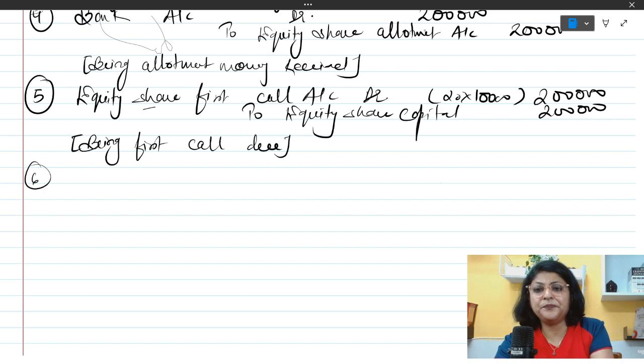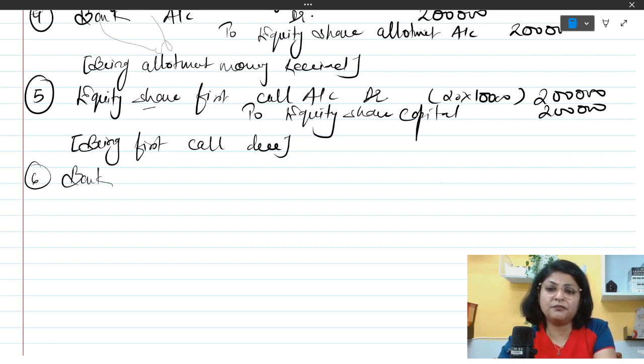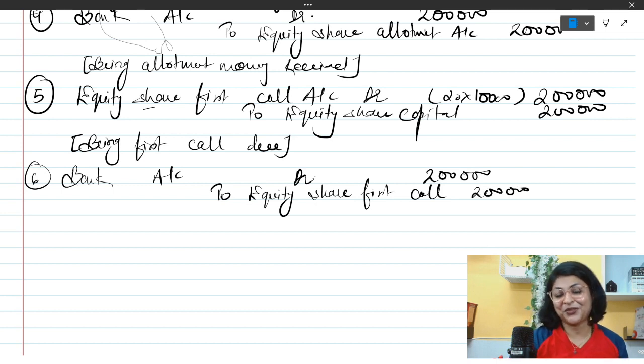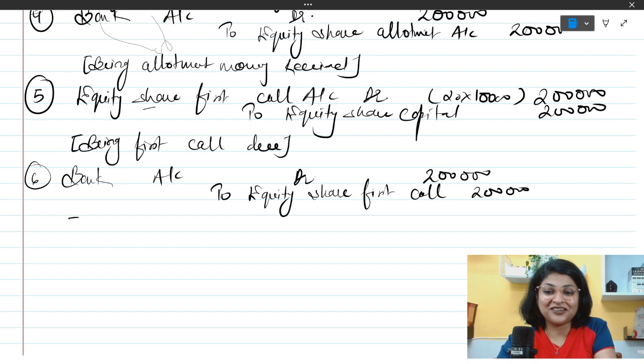Next will be receiving this first call: bank account debit to equity share first call. Got it? Now here we are going to write, being first call received.